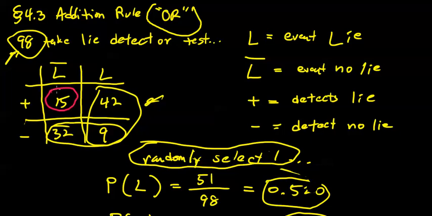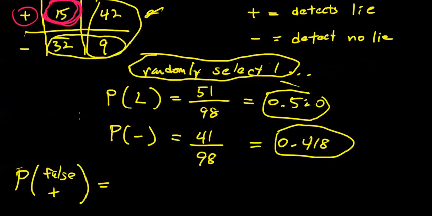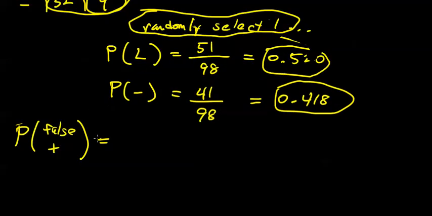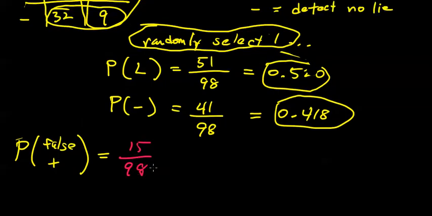Notice in this cell, the machine said you lied, but in fact you did not lie. The intersection of that row and column is 15. So we got 15 false positives divided by 98 total people, and we punch that out, we get 0.153.